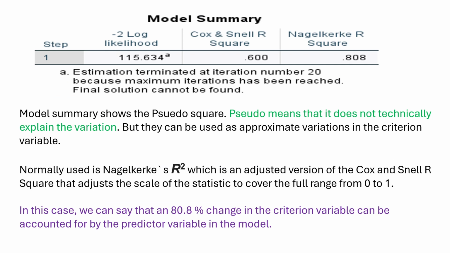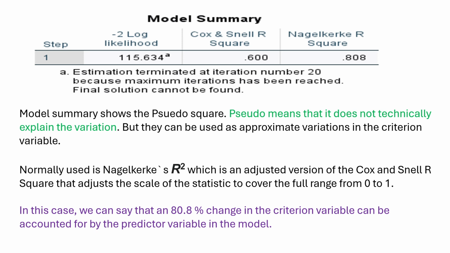Next one is the model summary. As we have already discussed, the model summary is a very important area, because we have discussed the Cox and Snell and Nagelkerke R square.